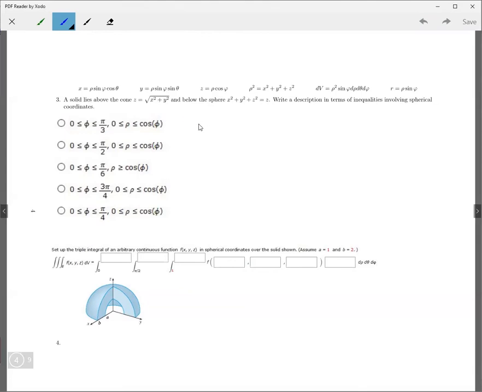Okay, so you need to find limits on phi and rho. And theta is just going to go from 0 to 2 pi. Okay, so above the cone. What did I say the equation of a cone was? Or this kind of cone?